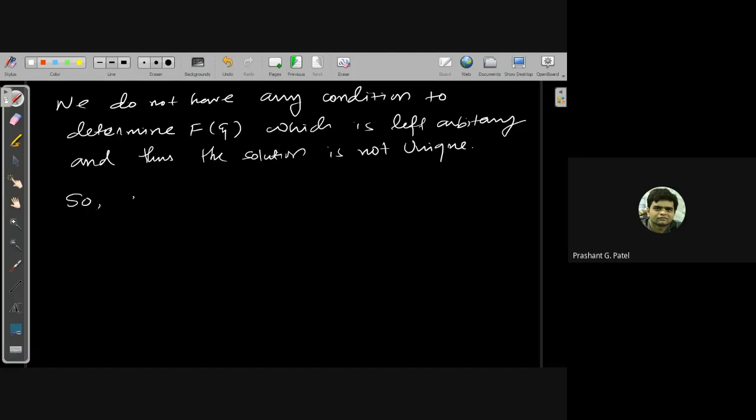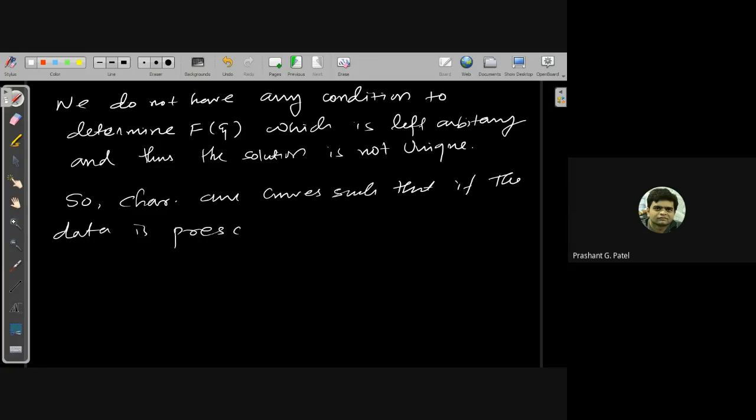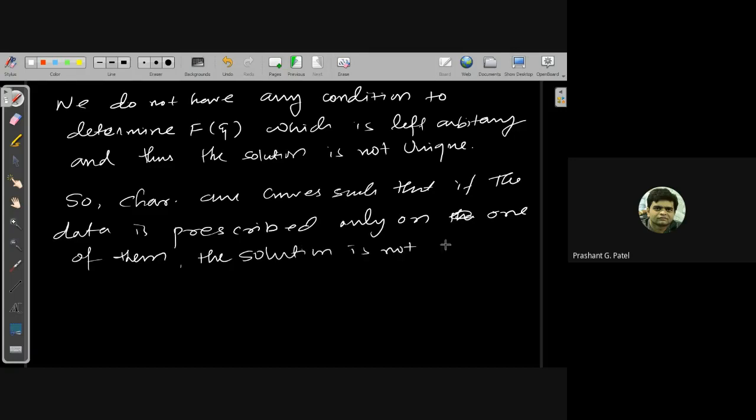So the characteristics are curves such that if the data is prescribed only on one of them, then the solution is not unique.